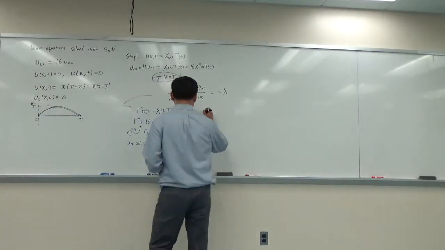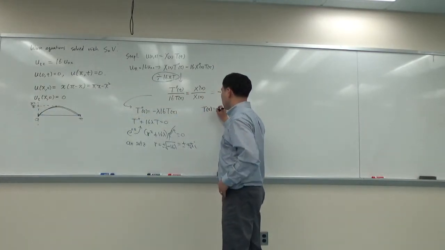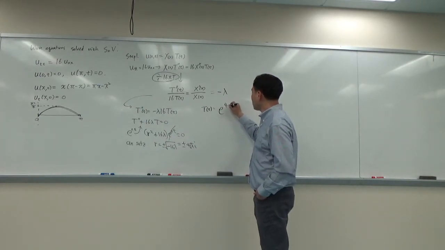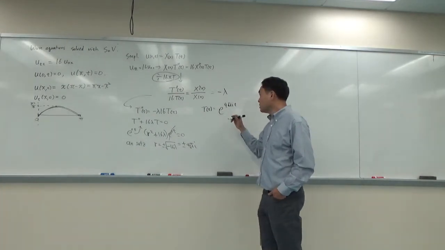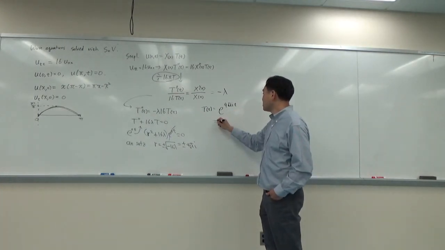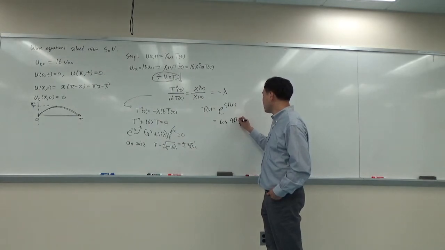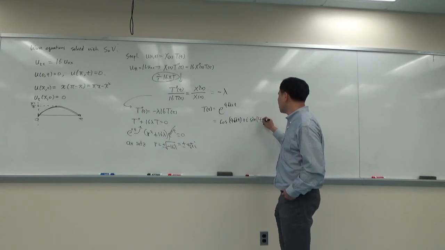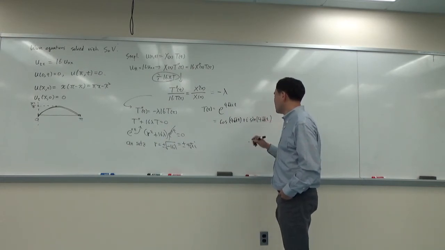So that your T(t) must be e to the 4 square root of lambda i t, and then there's the minus. If you have that, then it gives you cosine 4 square root of lambda t plus i times sine 4 square root of lambda t.